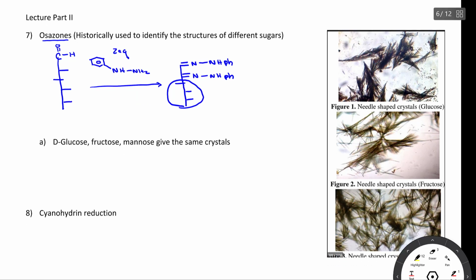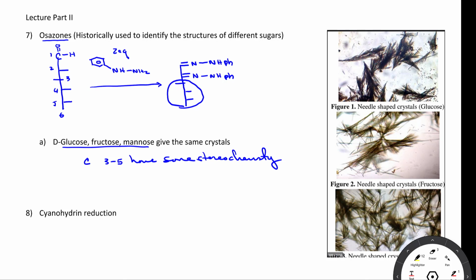So glucose, fructose, and mannose give the same crystal structures because C, and remember this is a 1, 2, 3, 4, 5, 6, C3 through 5, have the same stereochemistry. And so that information got used in helping to determine what the structures were.